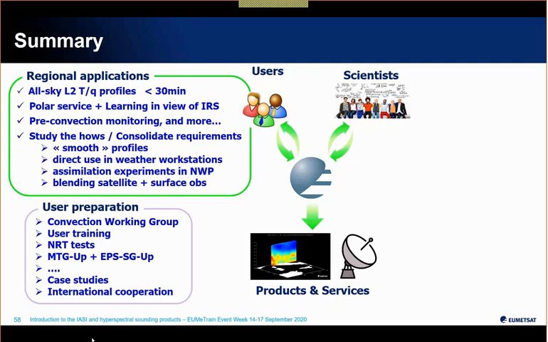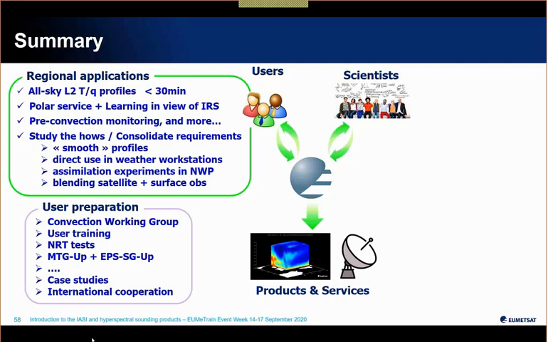Okay, and so to contribute to the user preparation, we have activities and retransmissions in the convection working group. That's a good forum to exchange on your respective results. We have the user training, so that is an example, for instance. We can make near real-time tests. At the moment, we have only the EARS-IASI Level 2 service, but it could be evolved to something closer to IRS later.